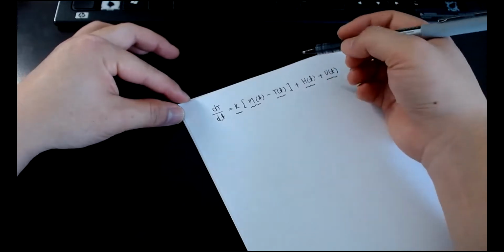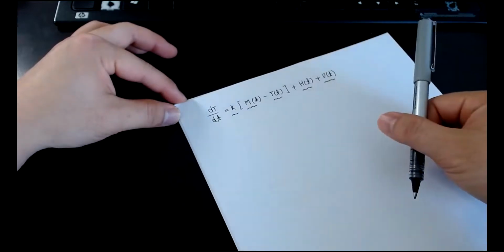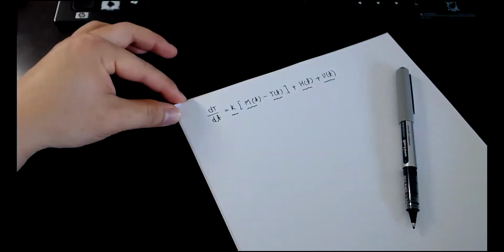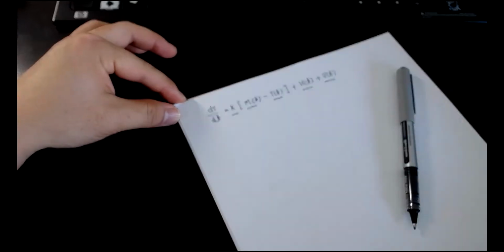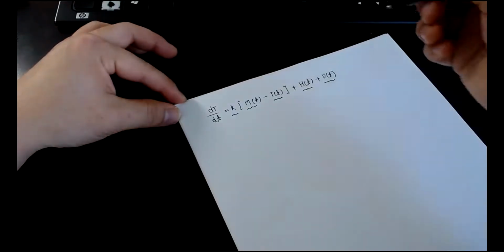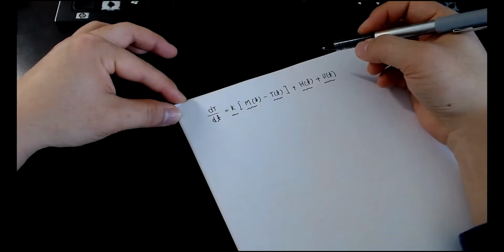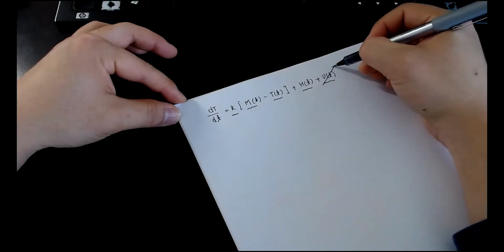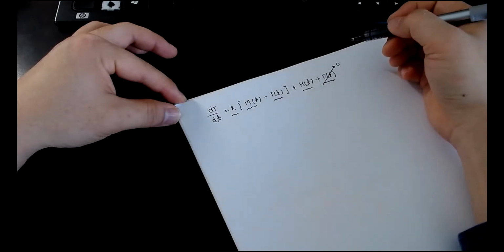All right. The problem says the warehouse is being built that will have neither heating nor cooling, so u of t must be 0.